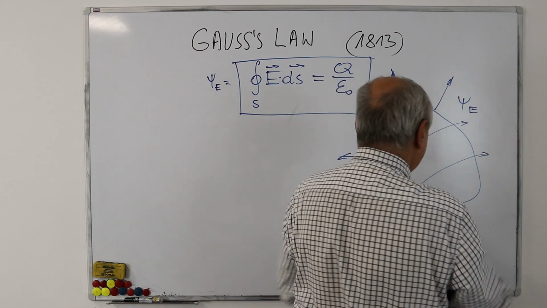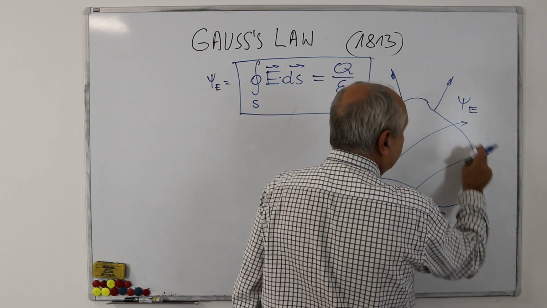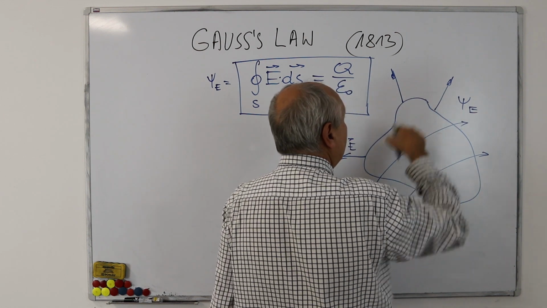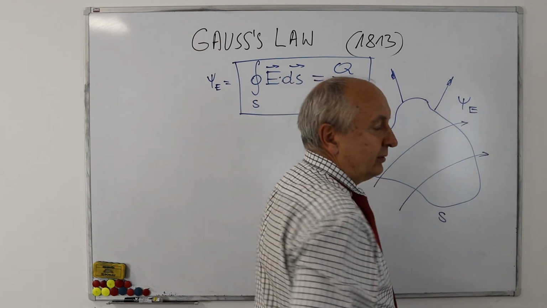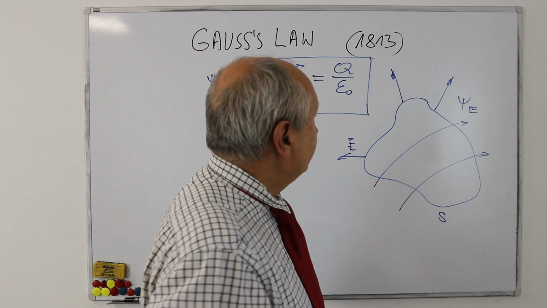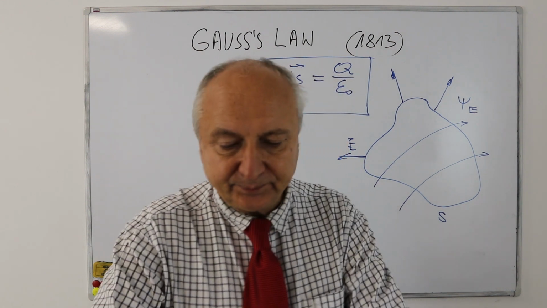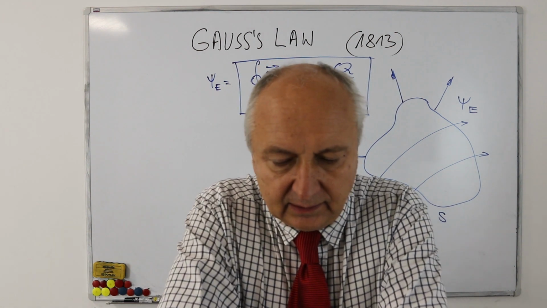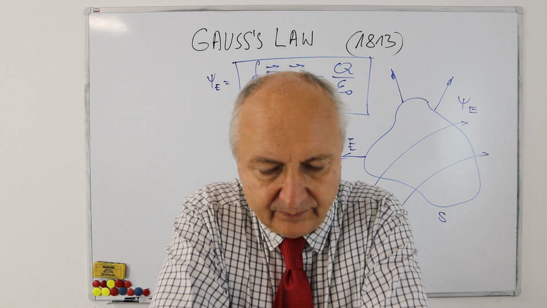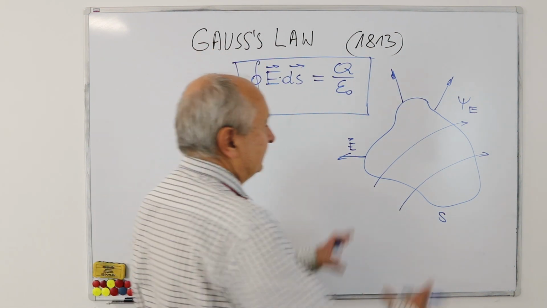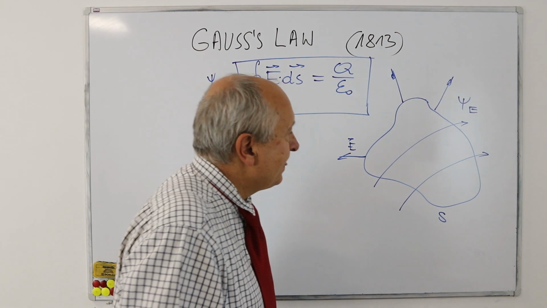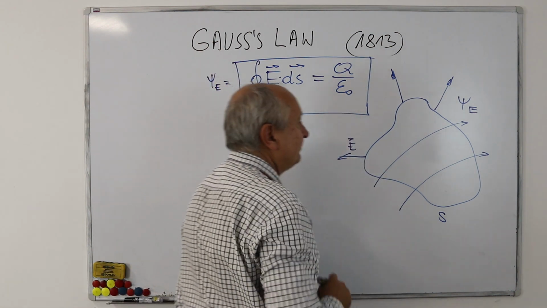Some enter here, some go out here, and the sum of all these fluxes is equal to the net charge enclosed by the surface divided by epsilon 0.